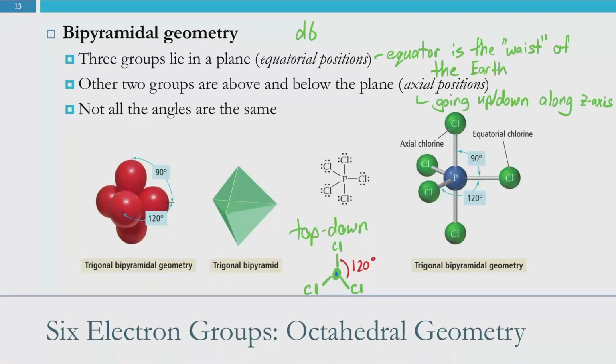If we look at it sideways, which we sort of have here, we can see that between our axial and equatorial positions, we've got 90 degrees of separation. So 90 degrees between equatorial and axial. 120 degrees between an equatorial and another equatorial.